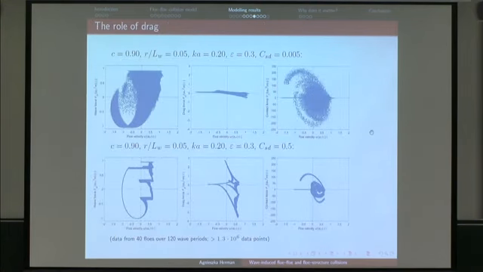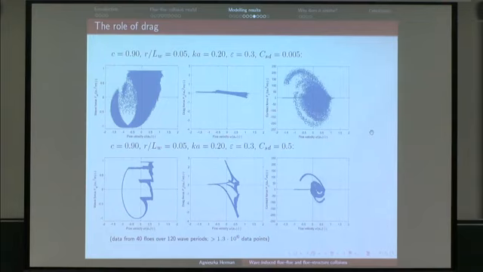And what is interesting and I think important is the role of the friction coefficient or drag coefficient. Here are modeling results obtained with everything equal except the value of the drag coefficient, and each plot is constructed the same way.